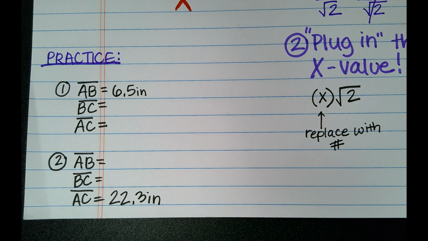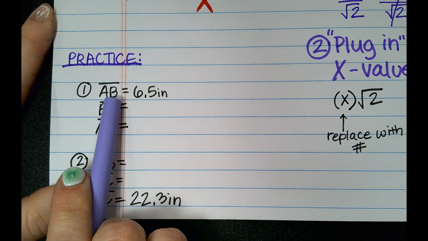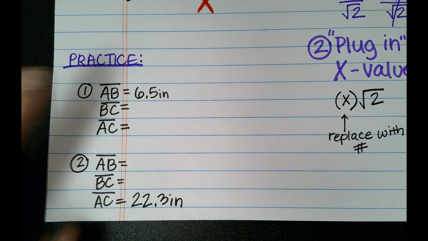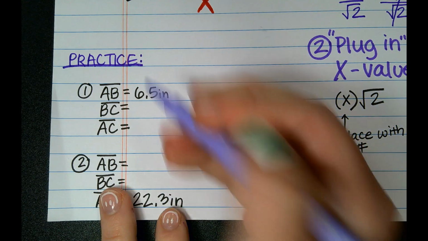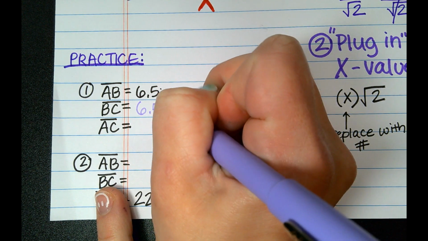All right, so I walked around the room and I saw some good stuff on your papers. For number 1, AB was 6.5 inches. What is BC? 6.5 inches. Also 6.5 inches.